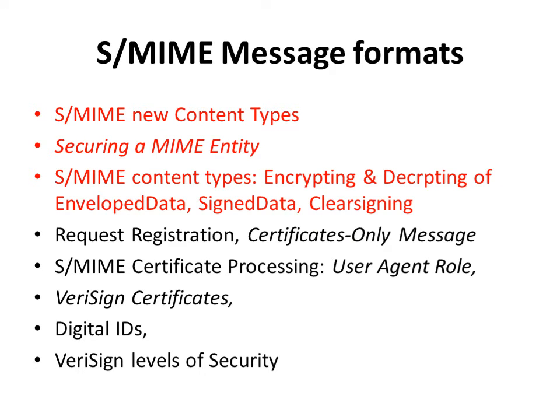We have seen the S-MIME new content type, and we will look into securing a MIME entity, S-MIME content types, that is encrypting and decrypting of enveloped data, signed data, and clear signing. These are the things that we will be dealing with in this particular video.